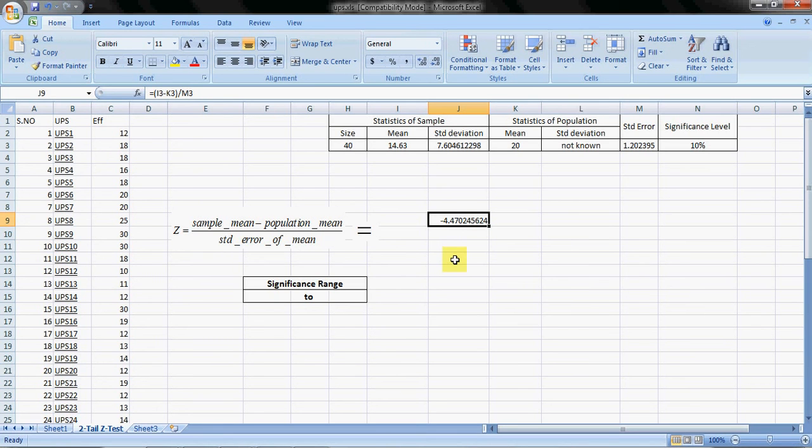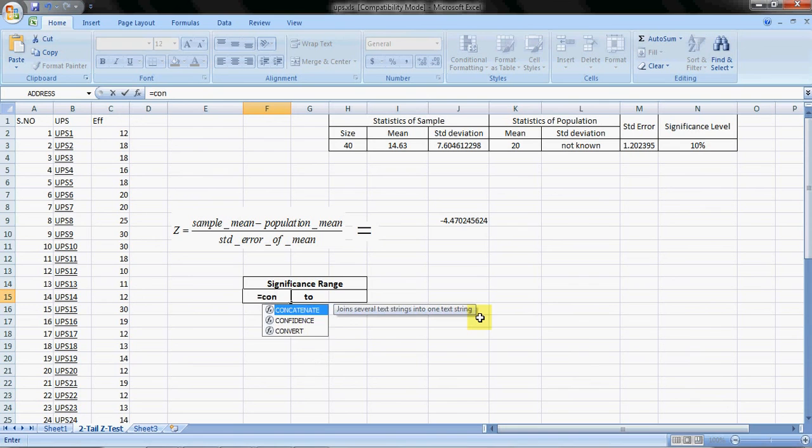Now let us check whether our computed value of the Z-test falls in the acceptance region of a normal distribution or not. To compute the intervals, we find the values of the interval at the 10% significance level. So here you can use a formula equal to CONFIDENCE.